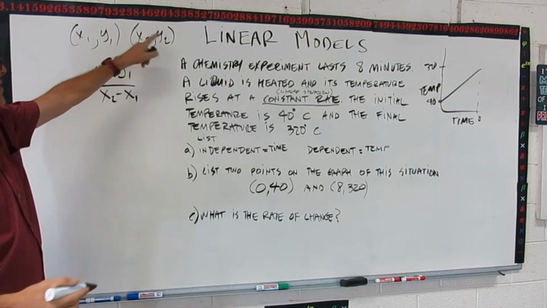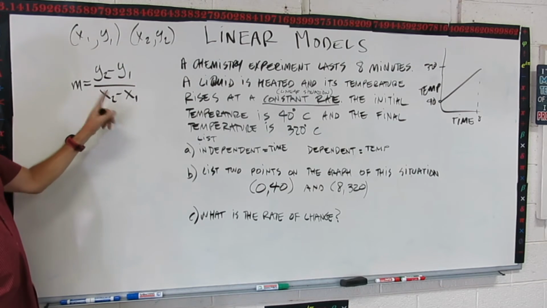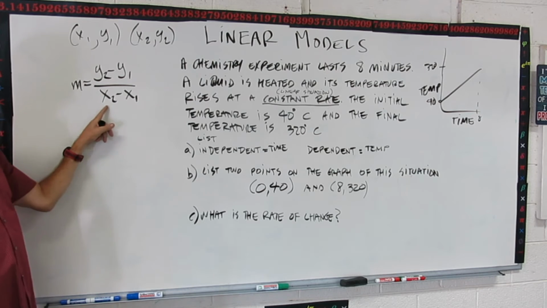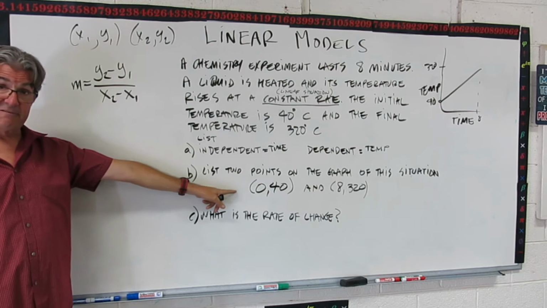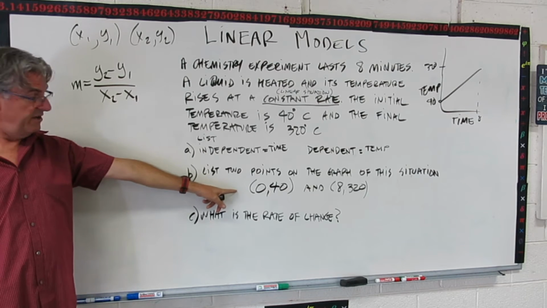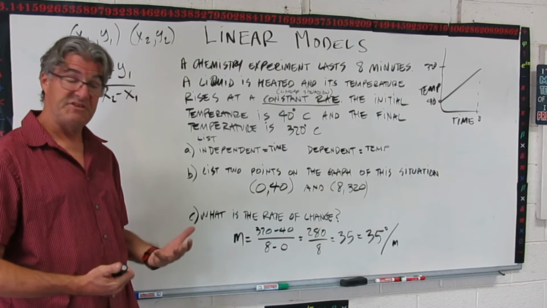So these are 2 coordinate points. You measure the slope by subtracting the first y from the second y, divided by subtracting the first x from the second x. So having these 2 points, you can calculate the slope. So go ahead and pause the video and do that. Okay, let's see how you did.